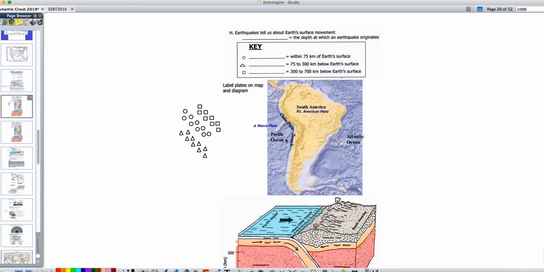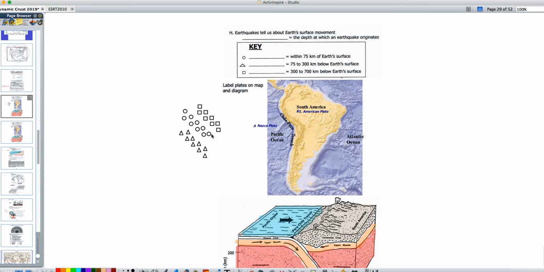So the first thing I want you to do is take a look at the depths of the earthquakes in the key. Any earthquake that's within 75 kilometers of the surface would be indicated with a little circle. And any earthquake that's between 75 and 300 kilometers below the surface would be a triangle. And deeper than 300 kilometers deep would be a little square. So we're going to indicate depth with these symbols.